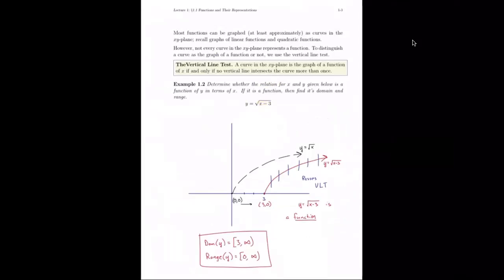What we want to be sure of is that if we put in one x, we get back one value for y. If we put in one value of x and we get two values of y, then we don't have a function. We're not sure what x maps to in terms of y values because it goes to two different y values. That's not acceptable for a function. However, it is okay for a relation. We won't really work with relations in the course, but it's just good to realize.